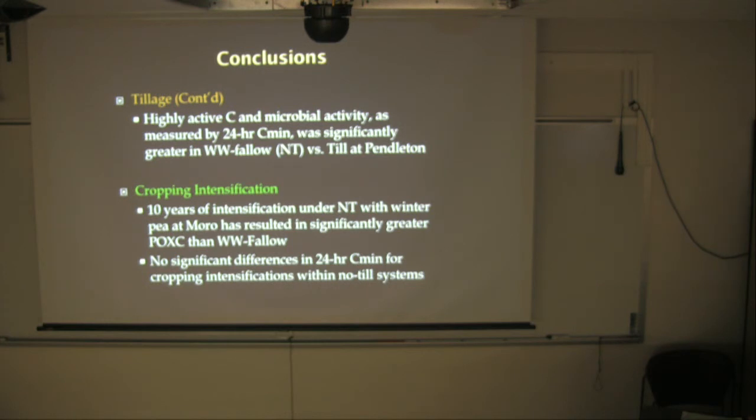Cropping intensification differences within no-till were less apparent. However, at the Morrow site, with winter pea in rotation, Morrow site being a grain-fallow region, a drier region, cropping intensification has resulted in significantly greater POC. However, no significant differences were detected in the 24-hour C-min values within cropping intensification comparisons.